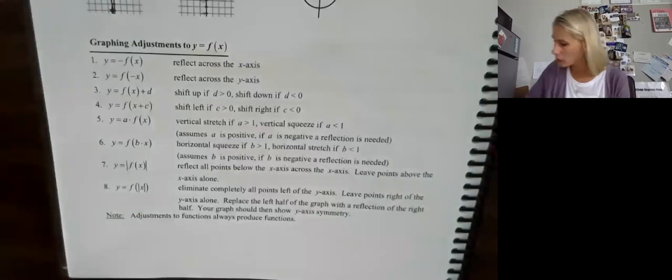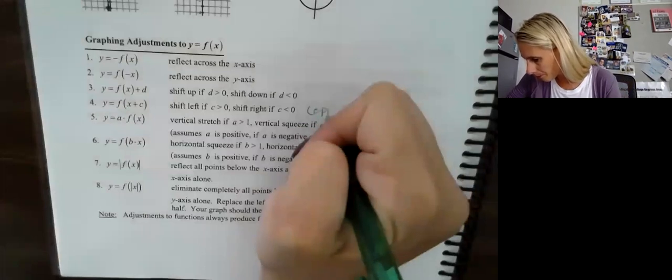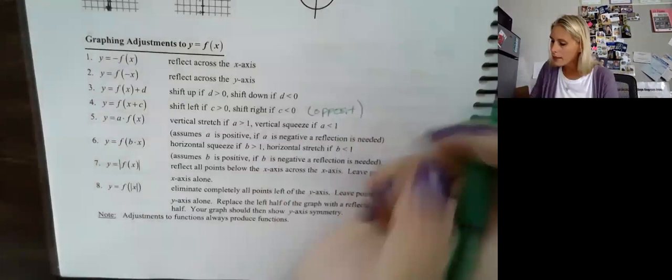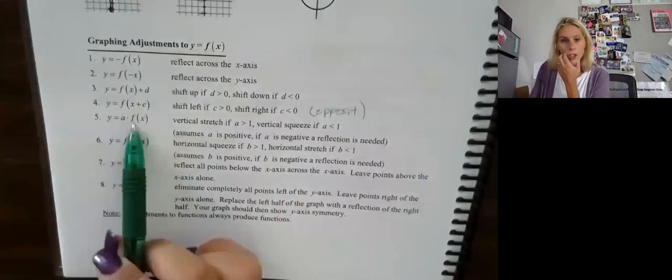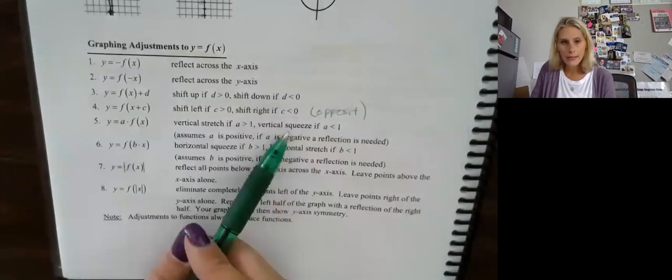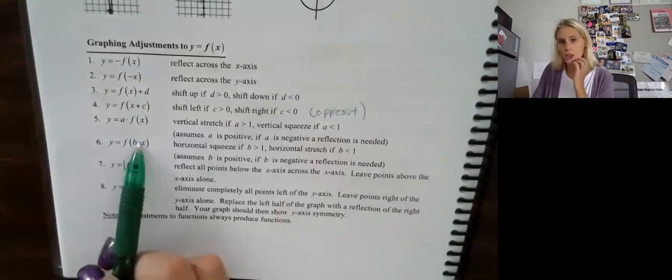So I'm going to put that down so we don't forget opposite. Okay, the A out front does a vertical stretch or a vertical squeeze. The B, or the inside multiplied by x, does a horizontal stretch or squeeze.